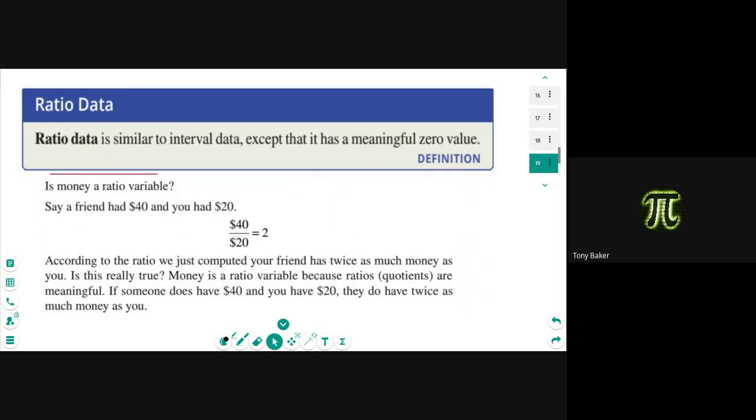There's information behind it. I can only do division, stuff like that, if there's a 0 that means something. Like temperature, dividing it wouldn't make any sense. So that's why that one more falls towards that interval aspect than the ratio aspect.